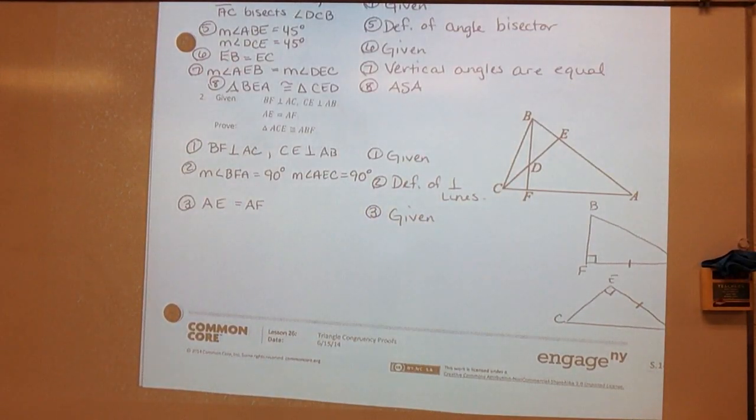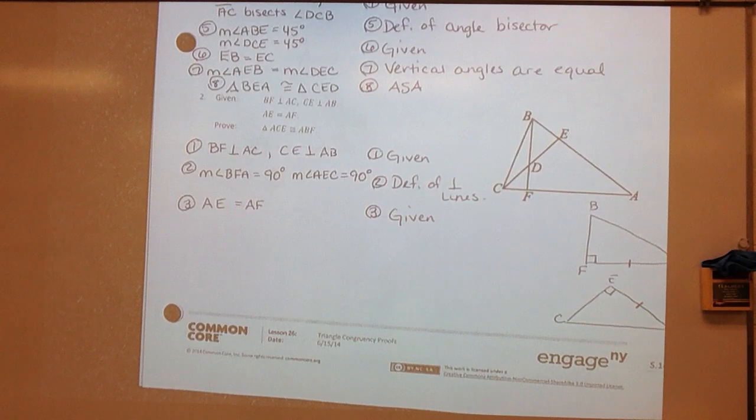Now, here's where I can look at this. Right now I have an angle and I have a side. I need to figure out how we can go about figuring this out. Looking at this, guys, it's very simple.